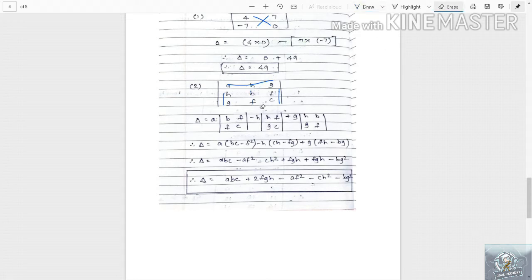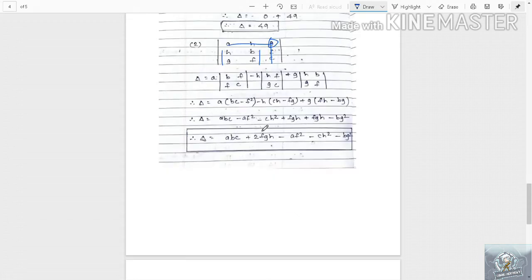Then copy G and hide row 1 and column 3. What is left? HG and BF. Copy as it is beside G. Solve it. Here also cross multiplication again. So what will come? B, and copy A as it is again.